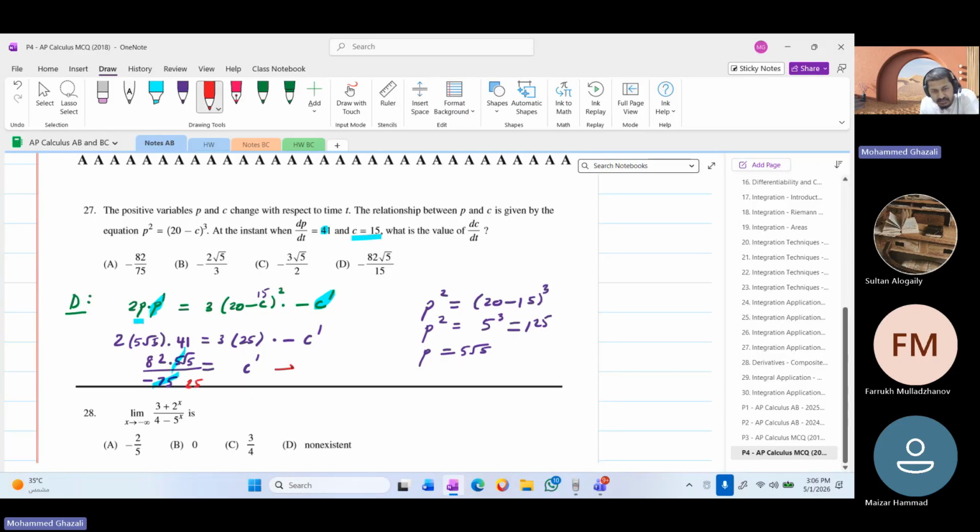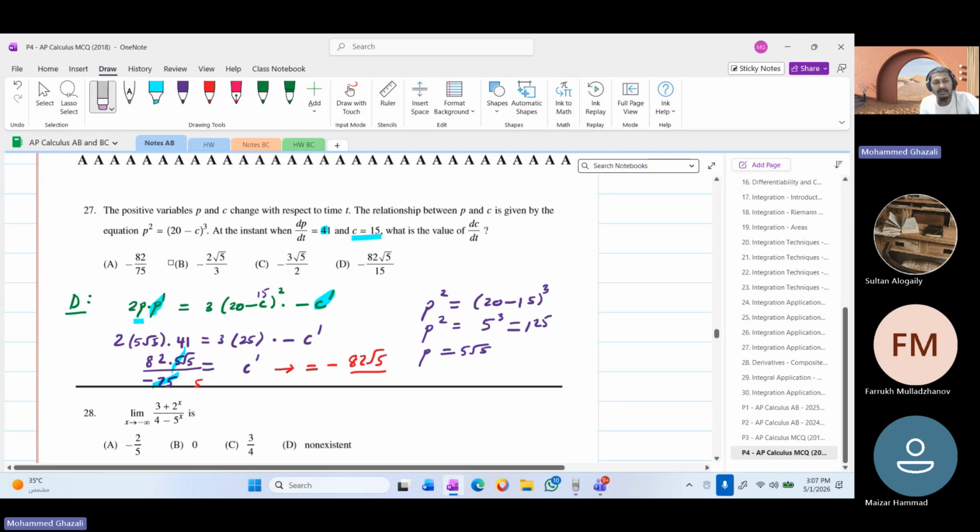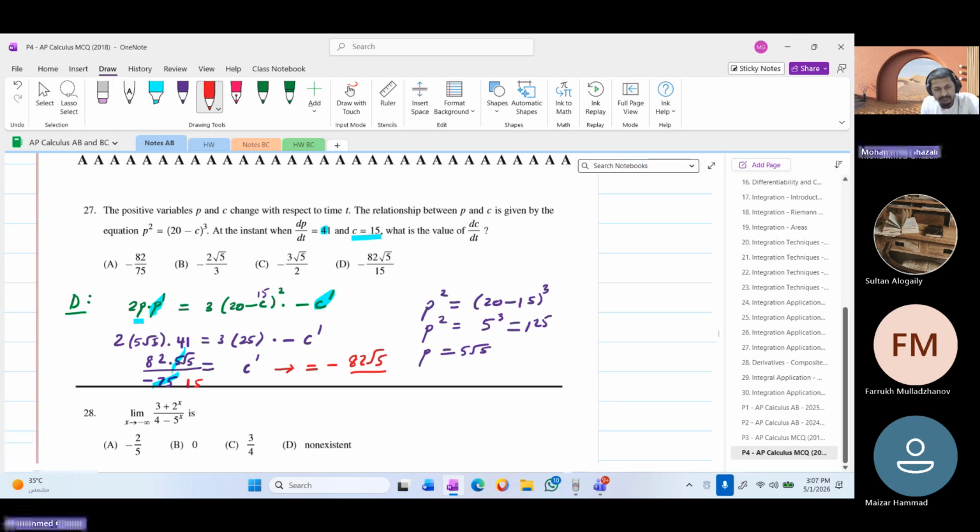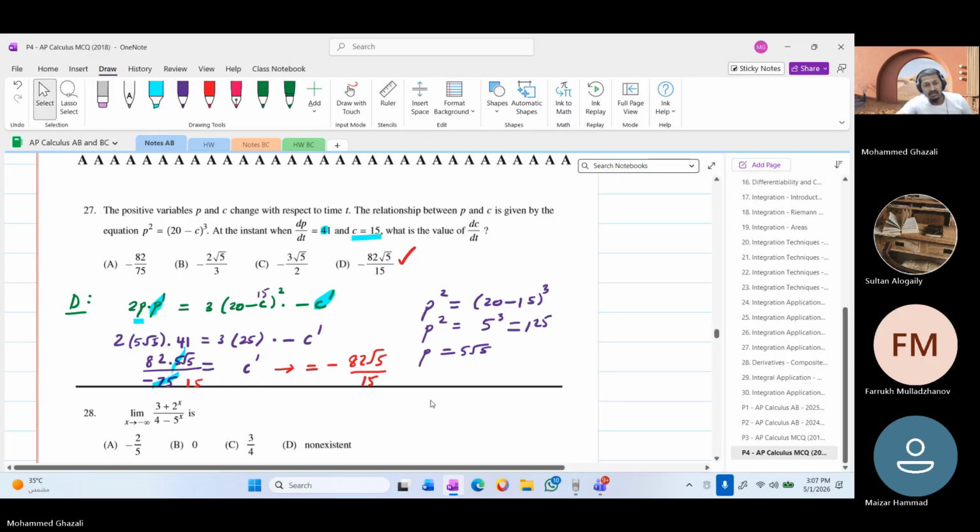So the answer for c prime is equal to negative 82 root 5 over 15. Correct. That is dc/dt. Are we good, guys? Yeah, okay.